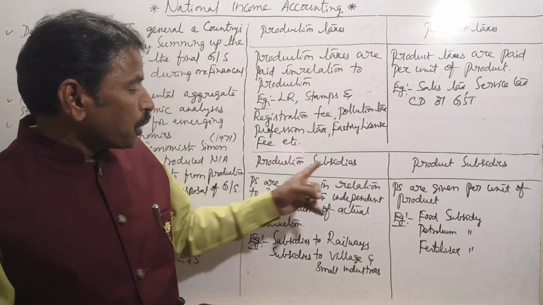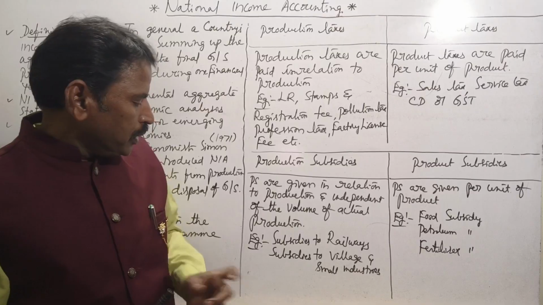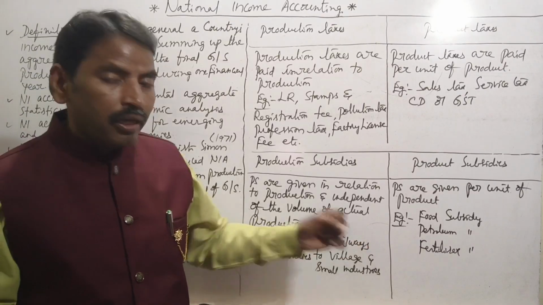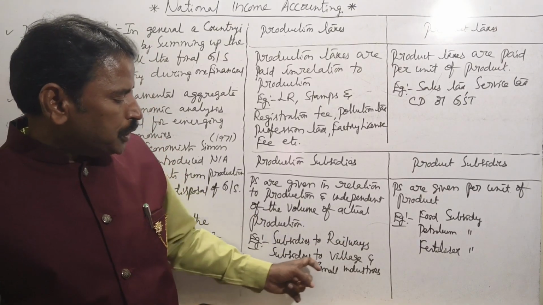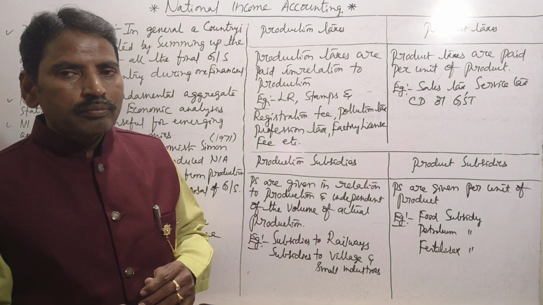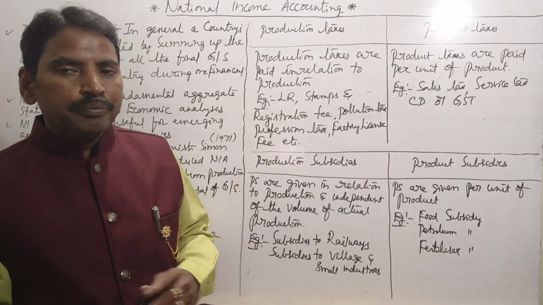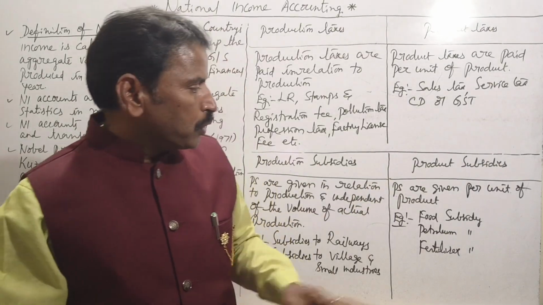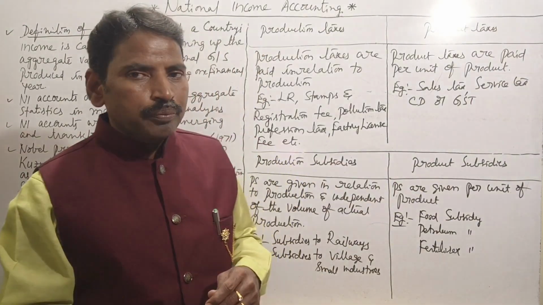Those are called production subsidies. Examples: subsidies to railways, subsidies to village and small industries.